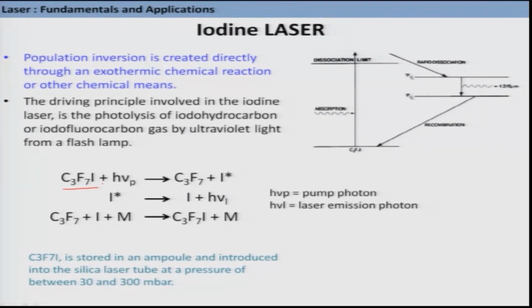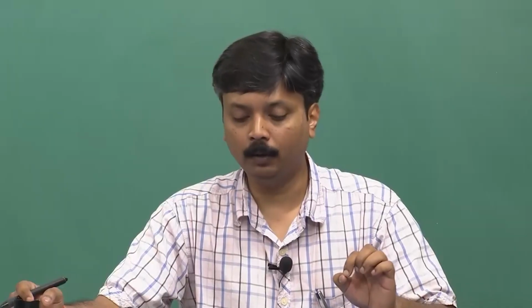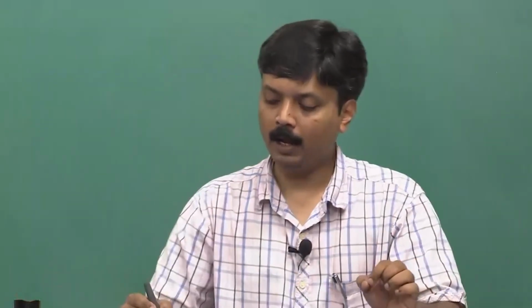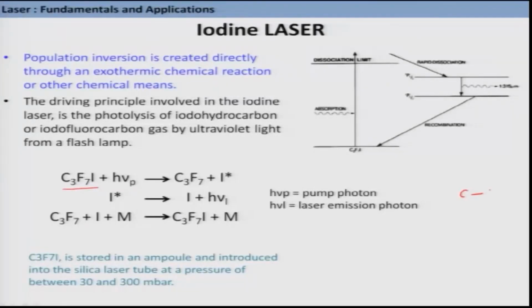Now this molecule you have to excite so that it gets dissociated. Your aim finally is to have the C-I bond dissociation, so you have to go from here to C and I.